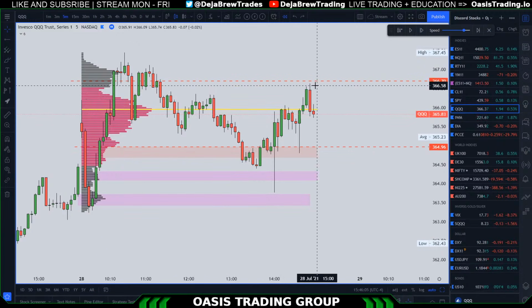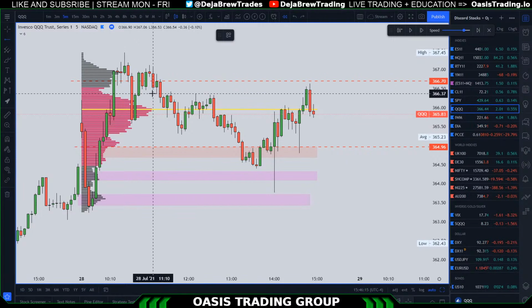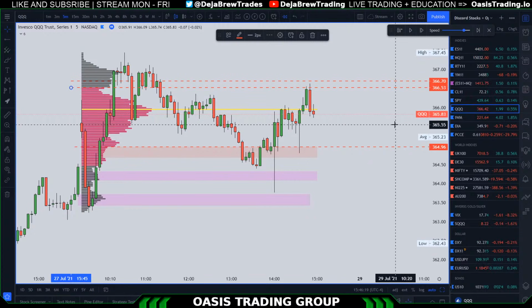Okay, so this is kind of a key point that I was trying to make. This was our value area high when we took the trade. We just barely missed it. But if we take our current value area high, we got that trade. So just make sure you're paying attention to the value area high or whatever value area based on the trade you took, right? Value area high or low.